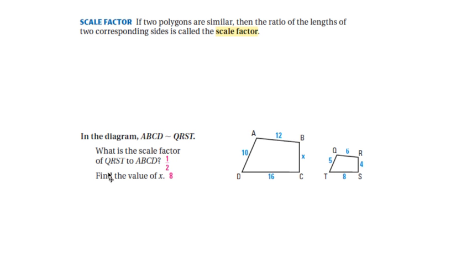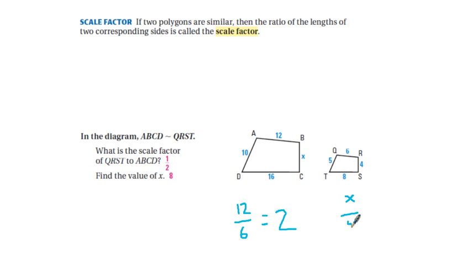In this diagram, we have, again, some similar figures. We want to see what the scale factor is. The easiest way to look at that is to set up these proportions. And then when you do, AB over QR would become 12 over 6, which you should immediately know when you reduce that it should be 2. Check another one. If you do BC over RS, well, BC you don't know.